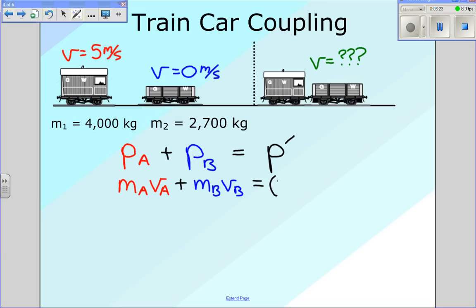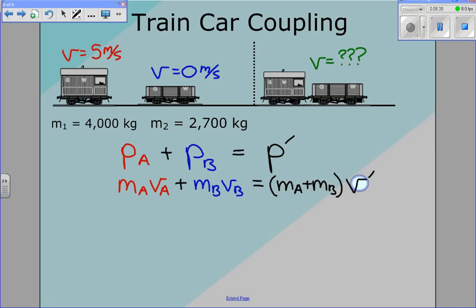Now, the momentum of this object is the sum of both of their masses, because they've stuck together, times v prime, the velocity after the collision. This v prime right here is what we're looking to solve for.